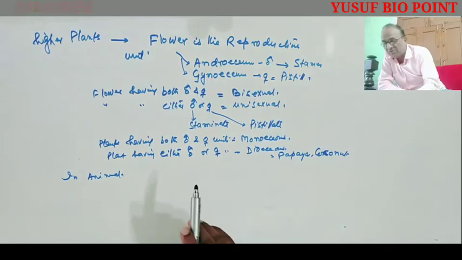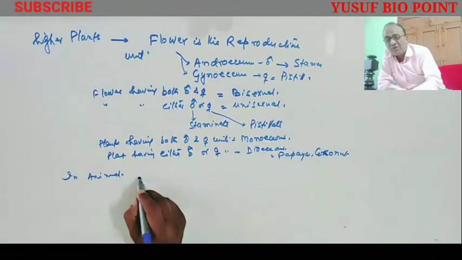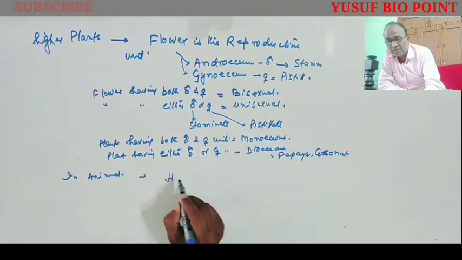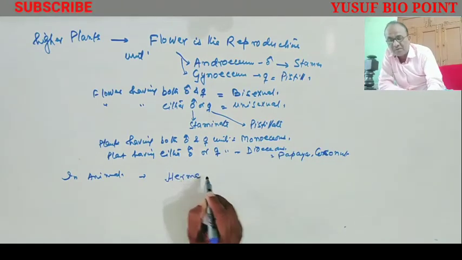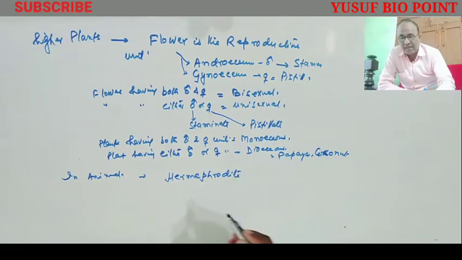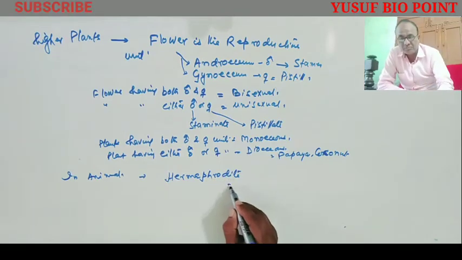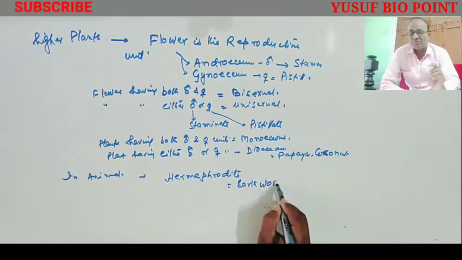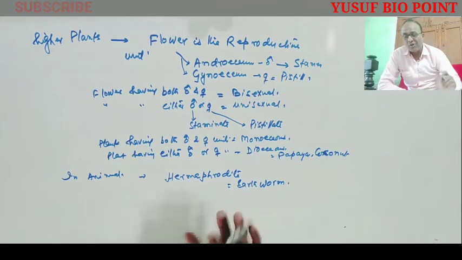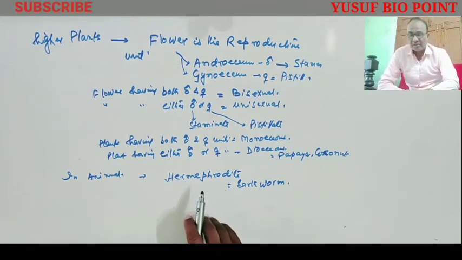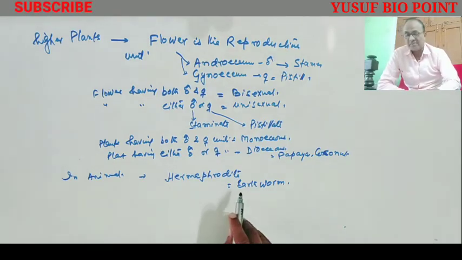Another word we use for a bisexual animal is hermaphrodite, meaning having both sexes. Although they are hermaphrodites, there is no self-fertilization, but cross-fertilization takes place.